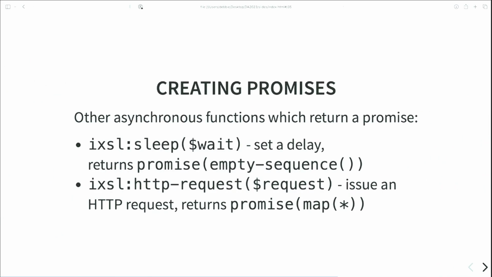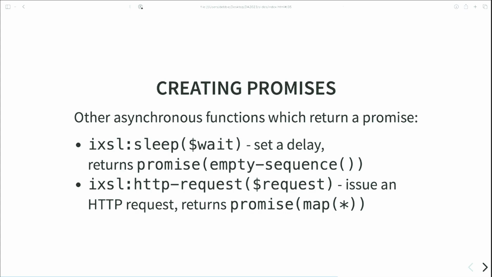Two other functions which are much like what we currently provide for schedule action. So there's ixsl:sleep to be able to set a delay. So that's just going to cause a delay on your subsequent processing. So it returns nothing.